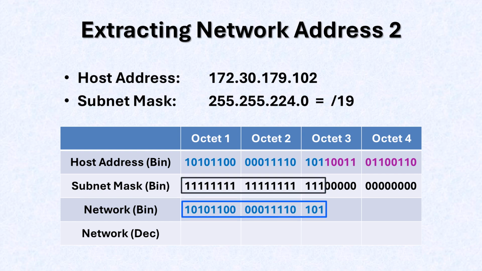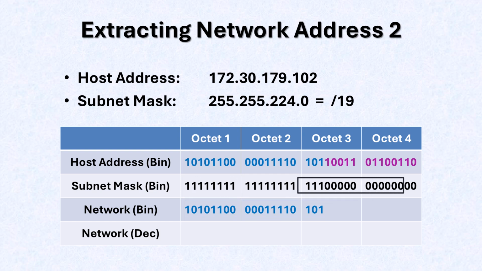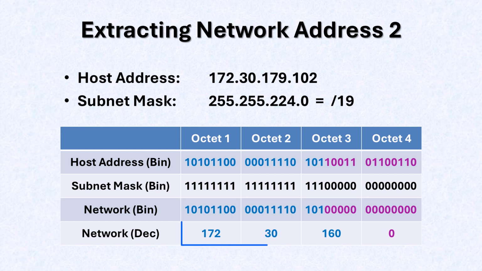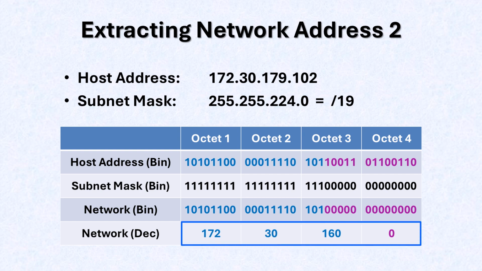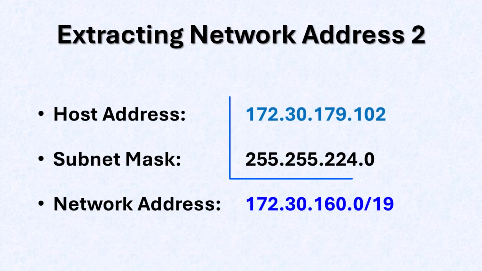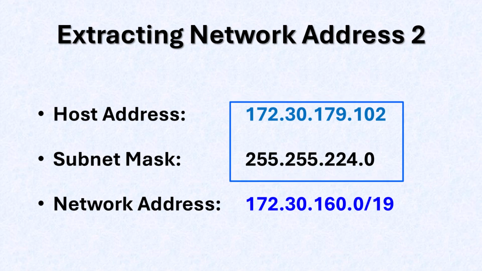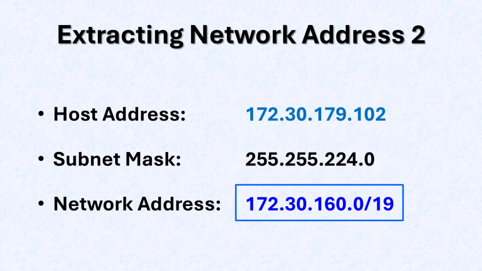These are the network bits corresponding to the network portion. The zeros in the subnet mask give 0 as a result. This is the host portion. In step 5, converting the results back to decimal renders the network address in dotted decimal notation. Given the specified host address and subnet mask, this is the network address.